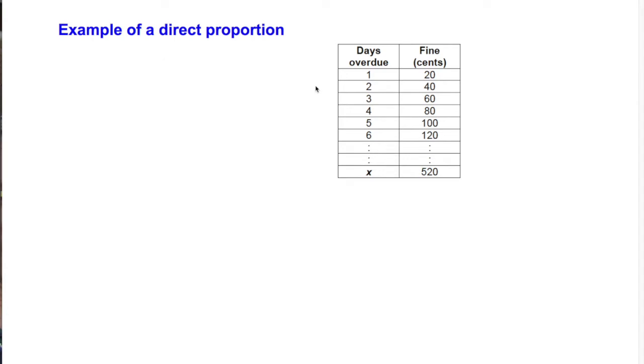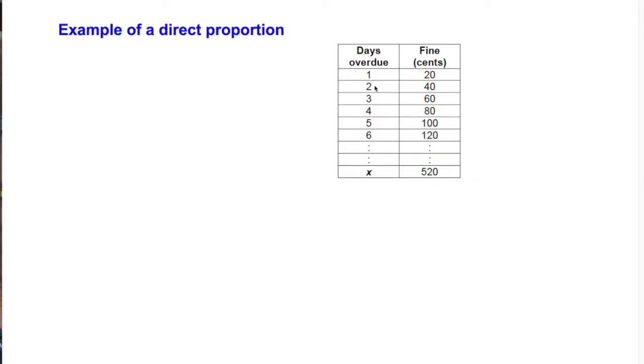We use the example of library fines. As the number of days increases, the fines also increase proportionally. On the first day is 20 cents, the second day is 40 cents, and the third day is 3 times, and so on.